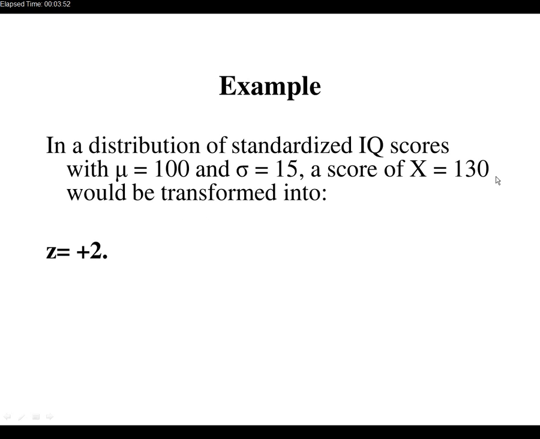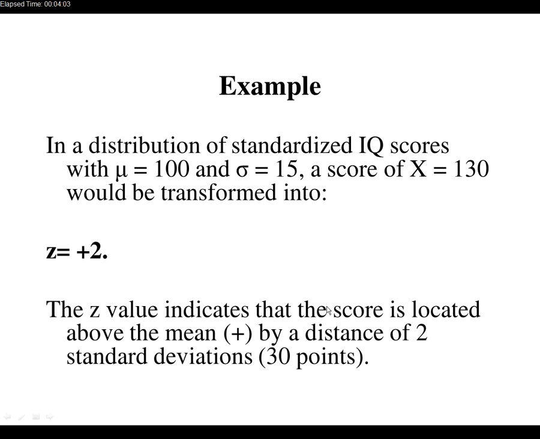You add 30 to 100, which is the mean, and you get 2 standard deviations, or z equals plus 2. The z value indicates that the score is located above the mean. It's on the plus side by a distance of 2 standard deviations, 30 points. 15 times 2 equals 30.